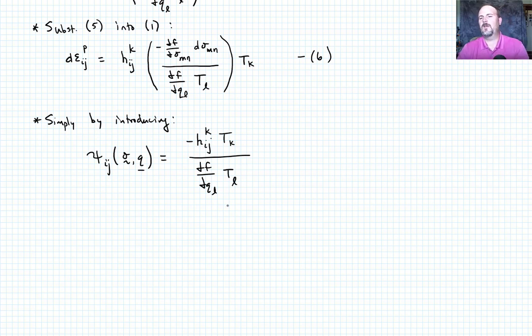Okay? And I want to remind you, why can we do this? Because, just recall again, the whole point of breaking the change in the internal state parameter dq into a magnitude and a direction was because the direction t is only a function of sigma and q, right? And so that fits in with this newly introduced function.